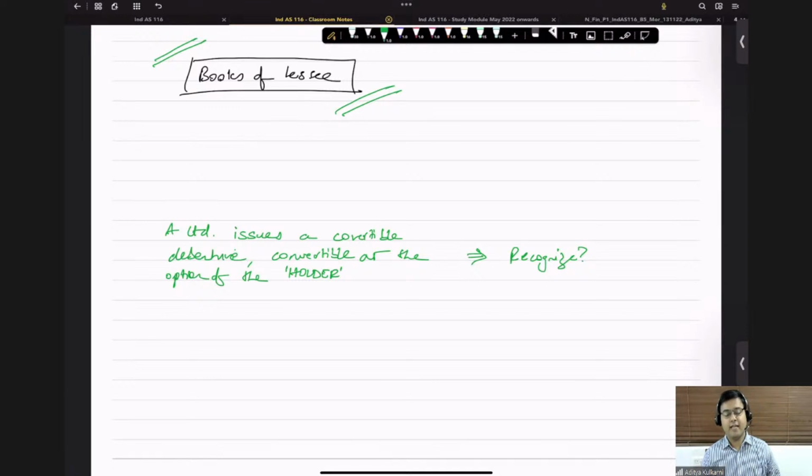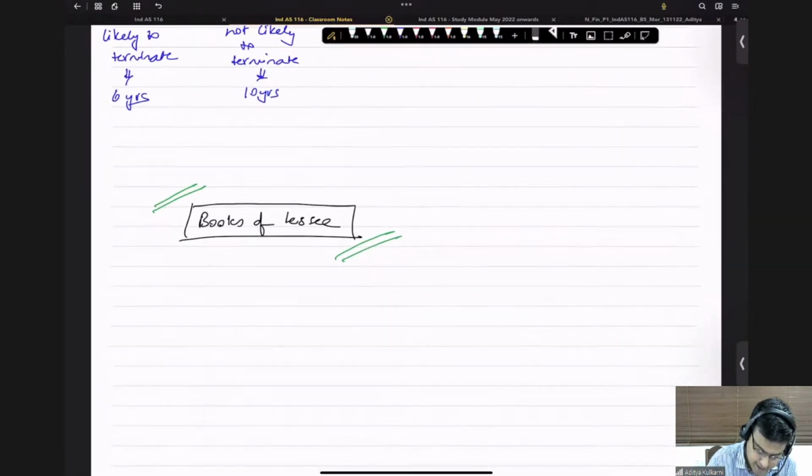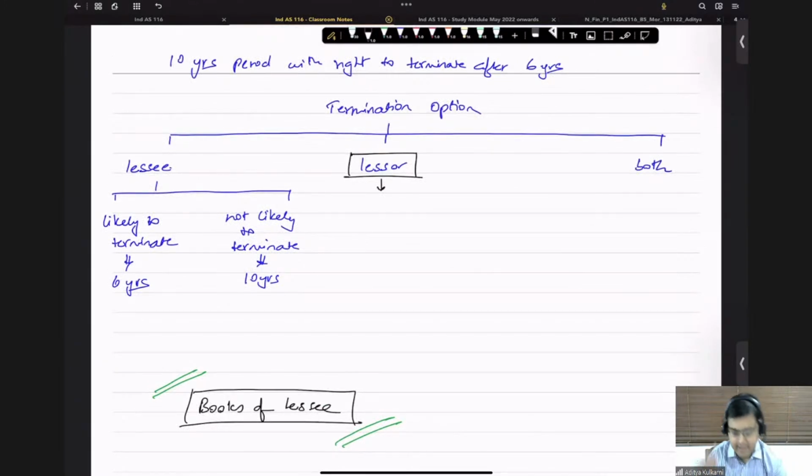So do not take it as equity. Now, the same principle applies here. When I say liability, I have to recognize a lease liability. The lease liability is calculated depending on the period.